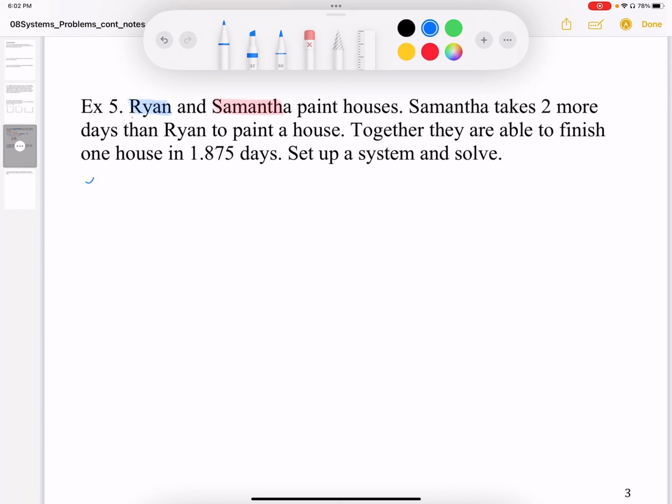I'm going to let x equal the number of days for Ryan to paint one house. Okay, and then we don't need a separate variable. We can just say that x plus 2 days, 2 more days, equals the number of days for Samantha.